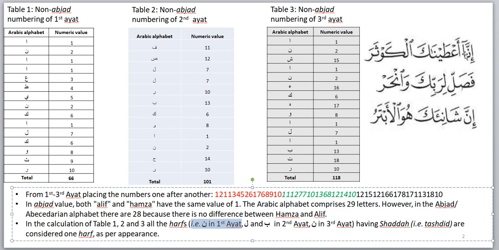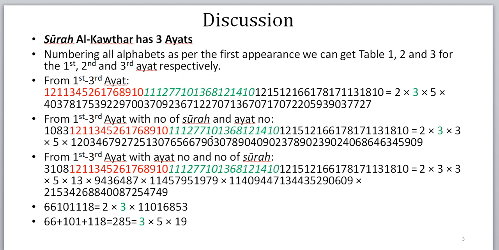In the second ayat fasalli li rabbika, ba and lam have the shadda, and in the third ayat noon has the shadda. But here it is considered one as per appearance. In this way the placing of the number is oriented. So let's move to the third slide.